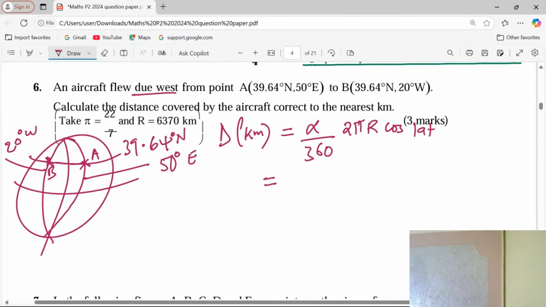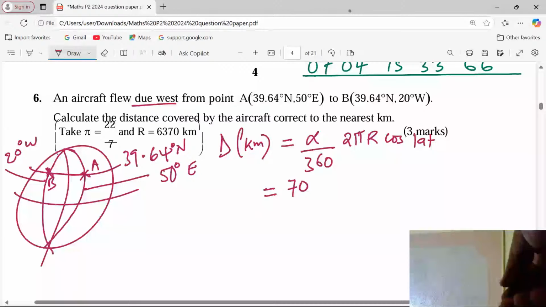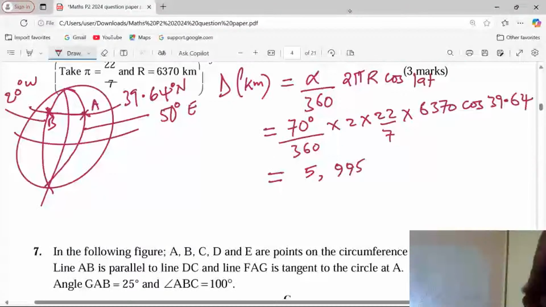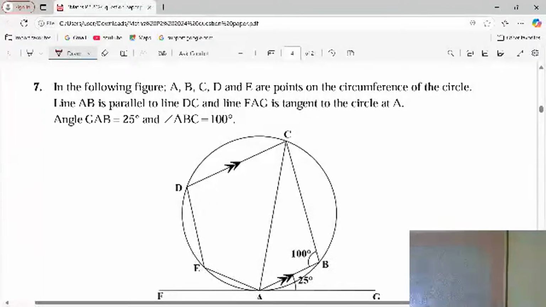So now the angle moving from 50 degrees east all the way to 20 degrees west, divided by 360, multiplied by 2 pi r cosine 39.64. That gives 5,995 kilometers. So that is how we get the distance along the small circle.